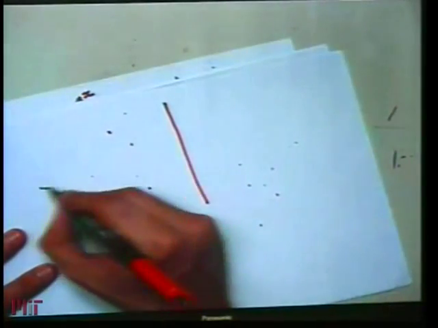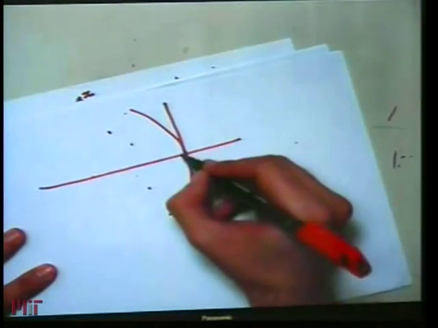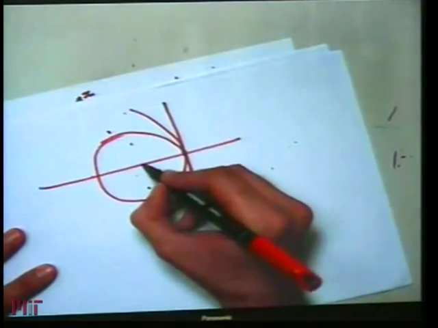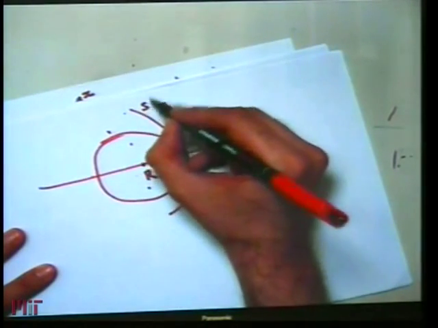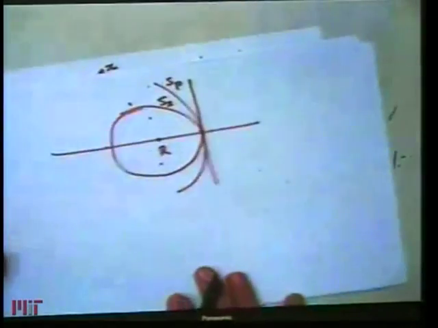Okay, I think I better do this over. So this is S for the parabola, this is S for the sphere.